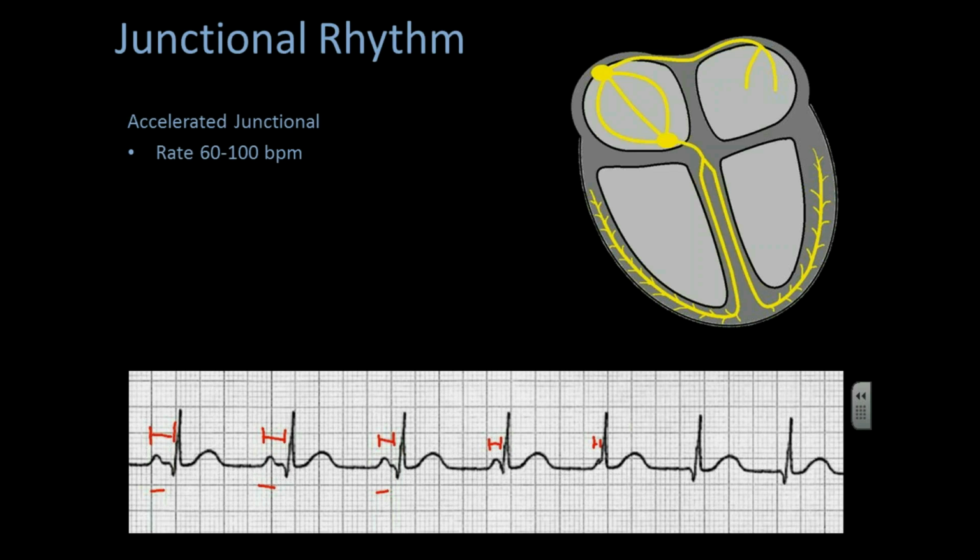So what's happening here is like the example we talked about earlier, where the SA node is pacing, initiating depolarization of the right and left atrium, and you can see that SA node, and here's the SA node again, but before the SA node is able to finish the entire cardiac cycle, the AV node paces.